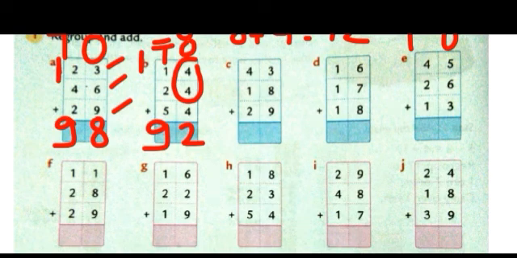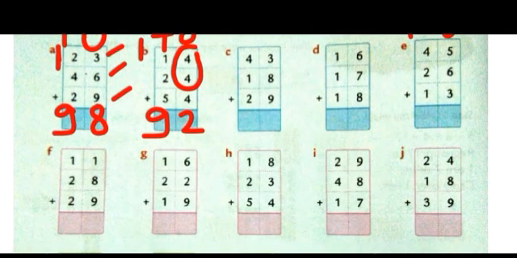So 5 plus 6 plus 3. 5 plus 6 is 11 and 11 plus 3, 12, 13, 14. So answer is 14. We will regroup 14. 4 will be written in the ones column and 1 will go carry to the tens column.